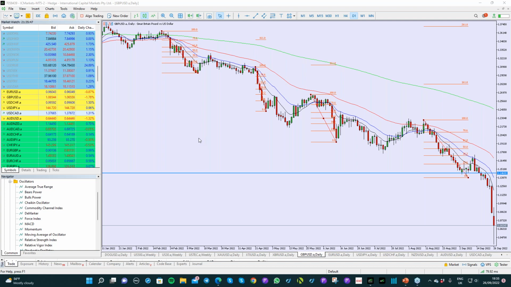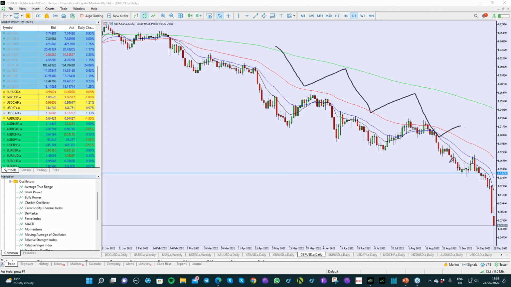So as I mentioned right at the very beginning, for me, indicators are secondary to price action. So I will always look at the price action first. Any indicator that I'm looking at after that is secondary. The price action is what tells me what is happening, in terms of trend, higher highs, higher lows. That's the most important thing.